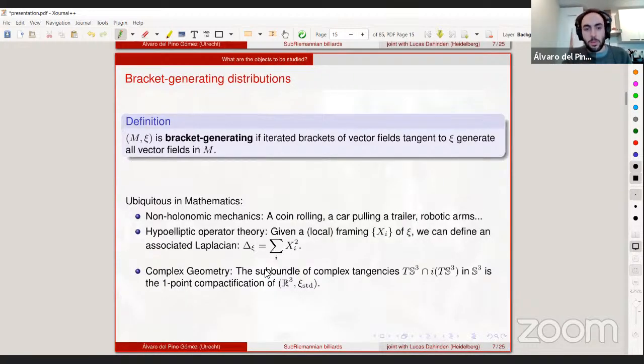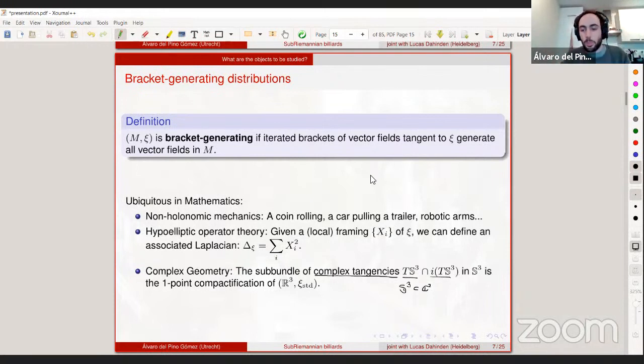This type of object also appears in many other areas in geometry. For instance, in complex geometry, if you look at some manifolds of complex manifolds, then there are complex tangencies. Basically you take a manifold, let's say here a 3-manifold inside C2. You take the tangent space, and you intersect it with the tangent space twisted by i. This will give you a subset of the directions.